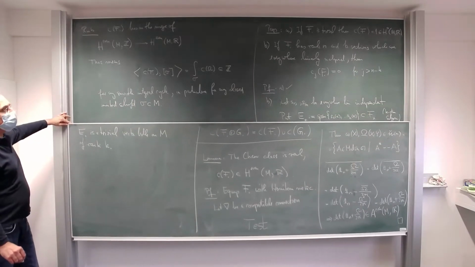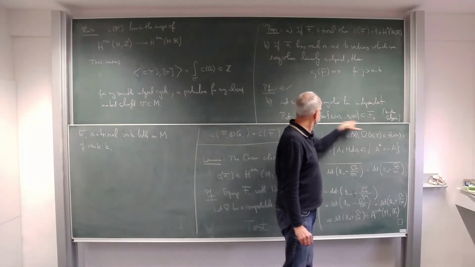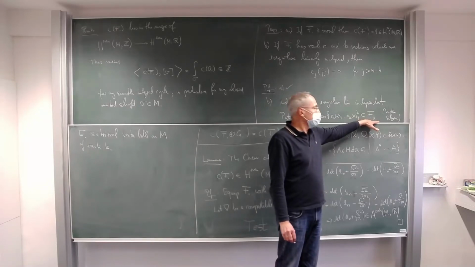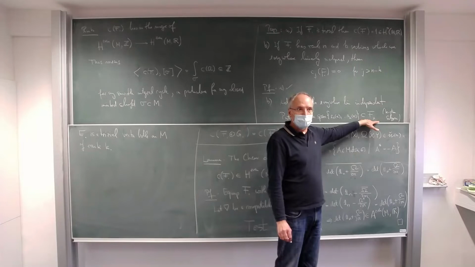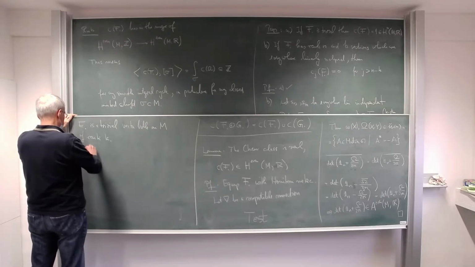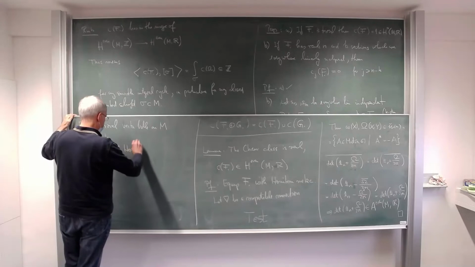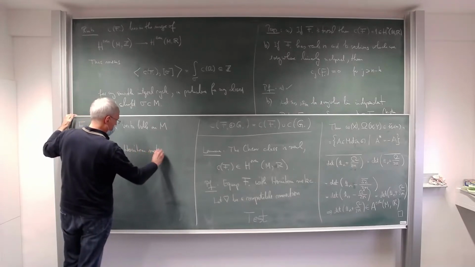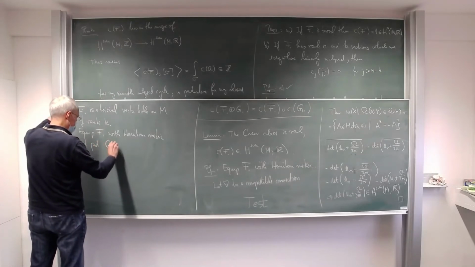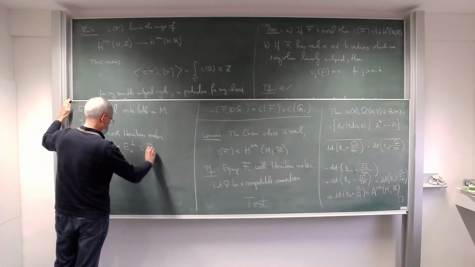And now, what we can do is we can choose a complement of E in F, for example, by equipping F with a Hermitian metric and taking the orthogonal complement. So put G_x equal to E_x perp in F_x.